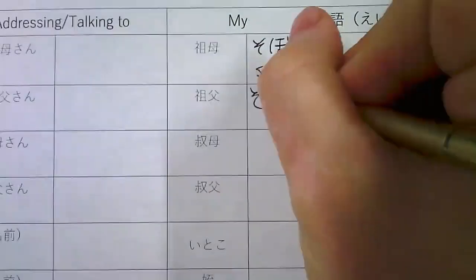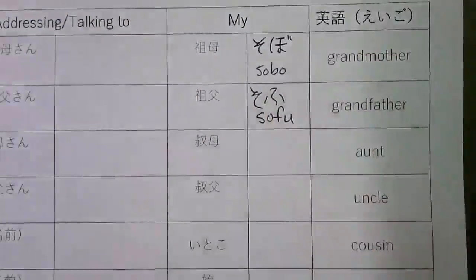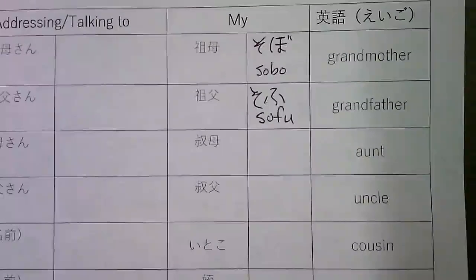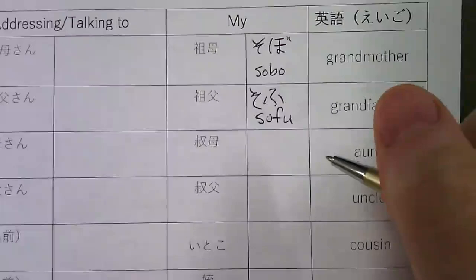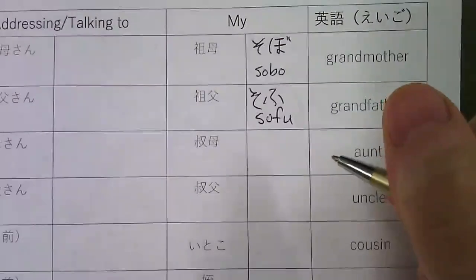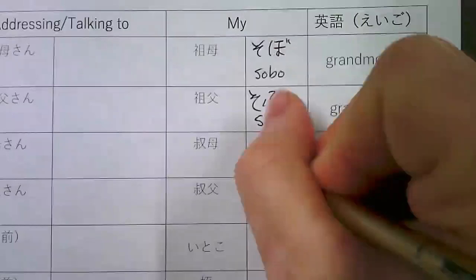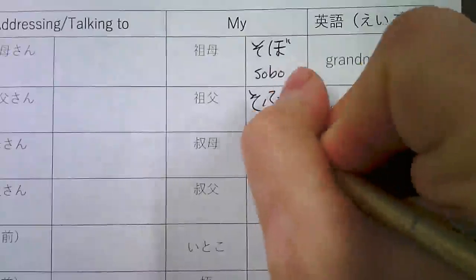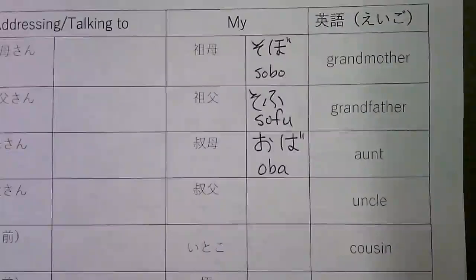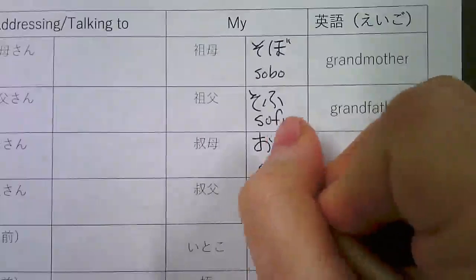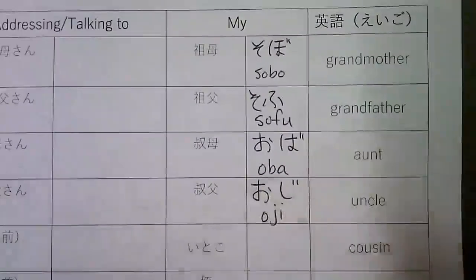Grandfather, sofu. Sofu. My aunt is oba. Uncle, oji.